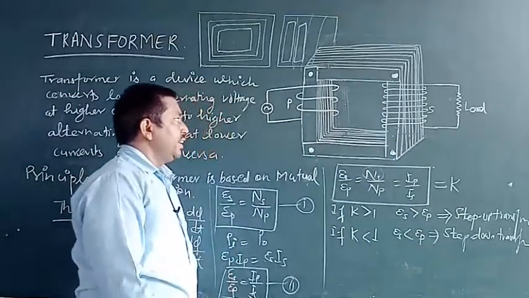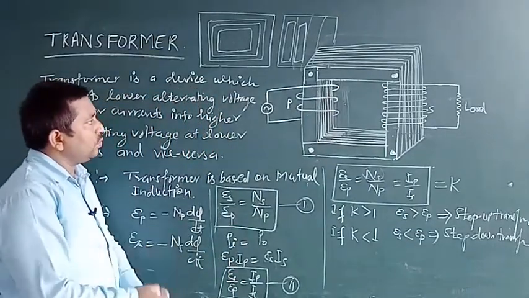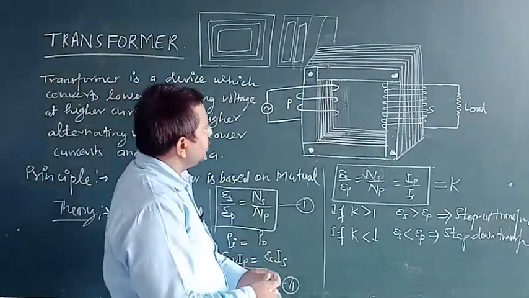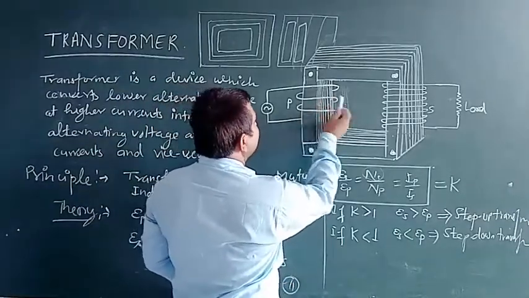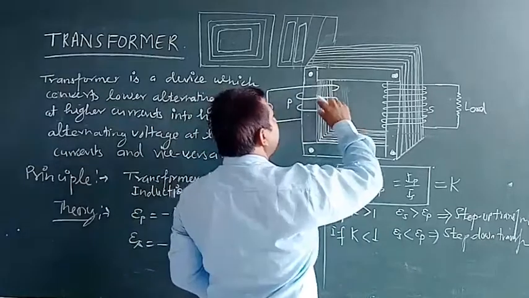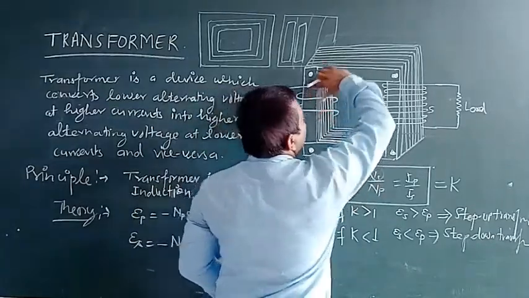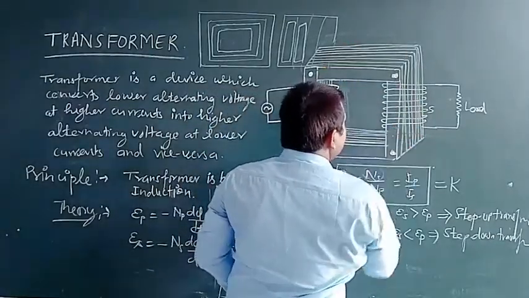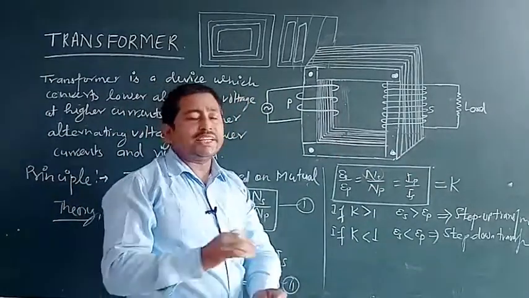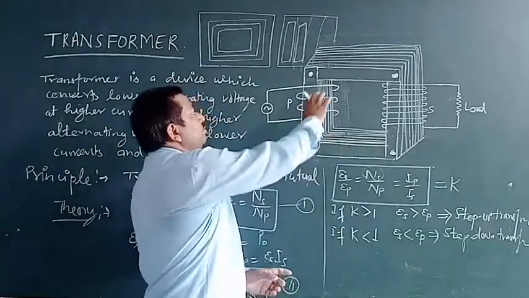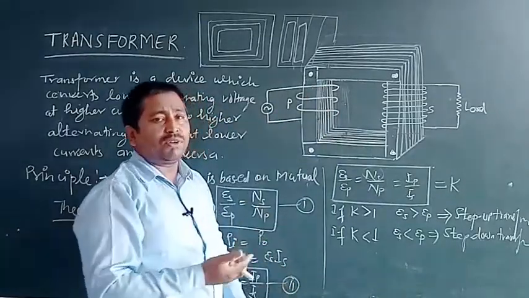Okay, and another type of loss occurs because of the magnetic flux linkage to the primary coil. The flux linkage to the primary coil should also occur within the secondary coil, but there is some loss of the flux linkage to the secondary coil generated by the current in the primary coil.